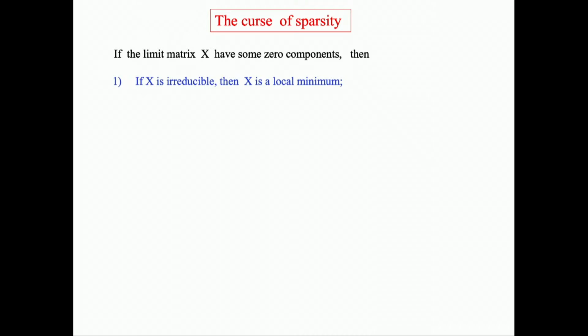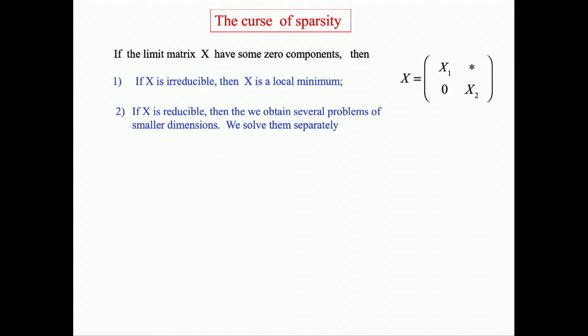And this problem is also very sensitive to the sparsity, because what happens? If our limit matrix is irreducible, which means there is no non-negative invariant subspace, then the process converges to a local minimum, but it's possible to find an absolute minimum after that. So it's possible to pass from the local minimum to the global minimum.